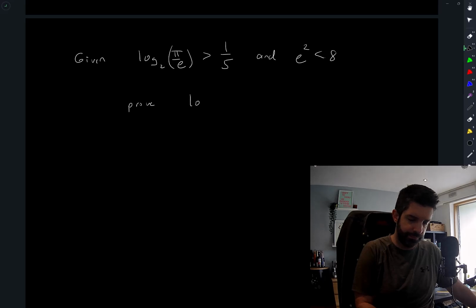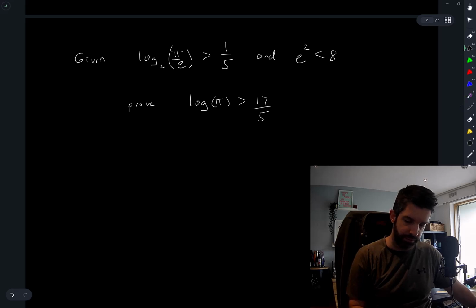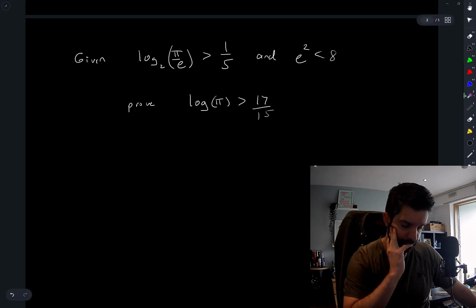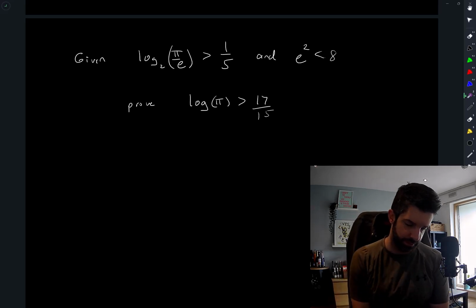Prove that the natural log of pi is greater than 17 over 15. Okay. I'm not sure where the constants 17 and 15 are coming from. I don't really see simple combinations of any of the numbers given that might lead to that.